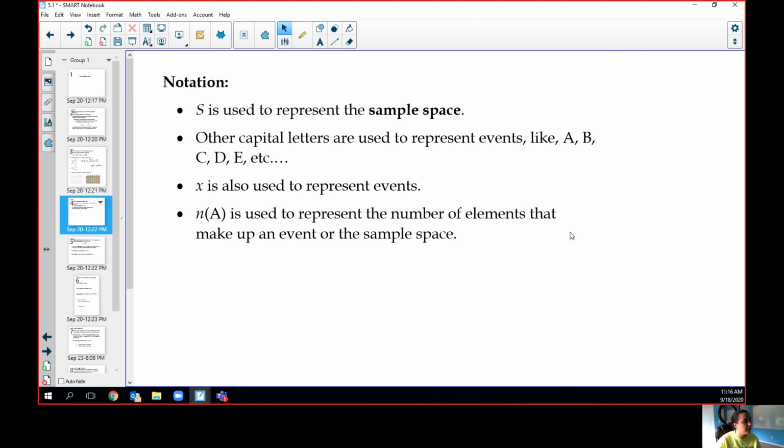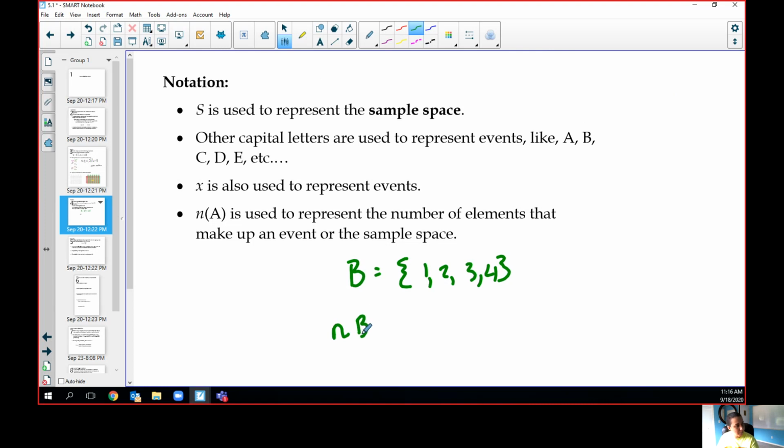Another thing we're going to need to know is that if we have N and then some capital letter, it is used to represent the number of elements that are made up in the event or the sample space. So really, depending on what we named our event, if we named our event, let's say B, and we had the elements 1, 2, 3, and 4 in B, we could say the number in event B is 4.